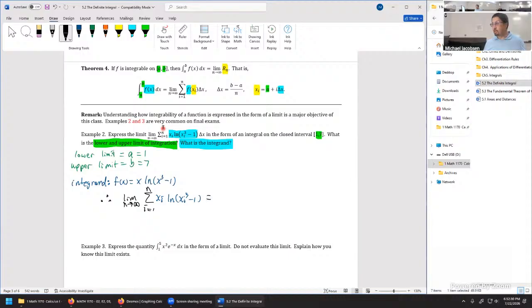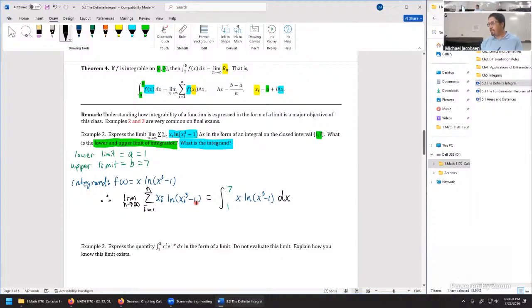It's worth copying because the process is, in this formula here, going from the limit of the Riemann sums, all you do is put down an integral sign, we drop the limit and say integrate from a lower limit a, which is 1, to an upper limit b, which is 7. We put in the integrand f of x, and in this problem, it's x natural log x cubed minus 1 dx.